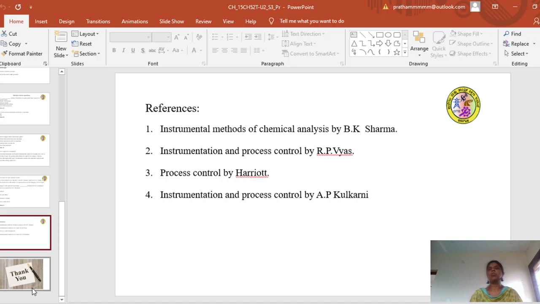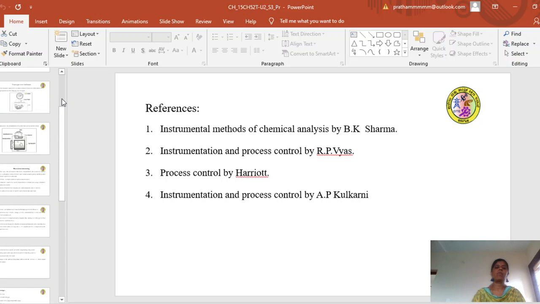So this is all about the session, which included level indicator types, the float type method and the hydraulic transmission system type. Thank you all for attending this session.